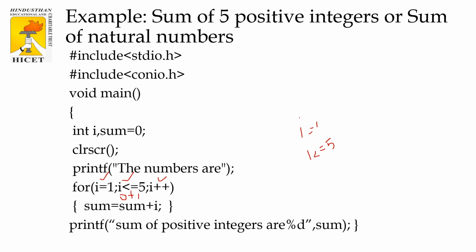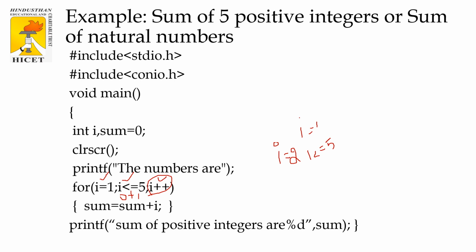Again the process will be executed. Now the increment process will be executed. The i value will be incremented. Now the i value is 2, right? So again check the condition: i equal to 2, then i less than or equal to 5. 2 less than or equal to 5, the condition is true, right?